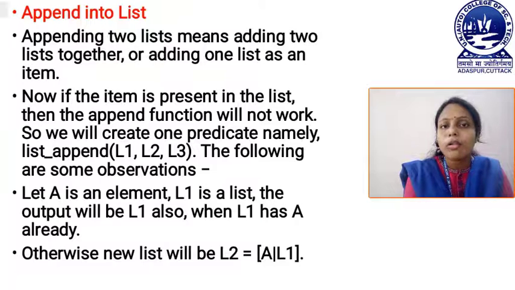Then the output is L1, because this element is already present in our list. Otherwise, a new list L2 equals A followed by L1, which means the element A is appended with the list L1 and the resultant list is L2.